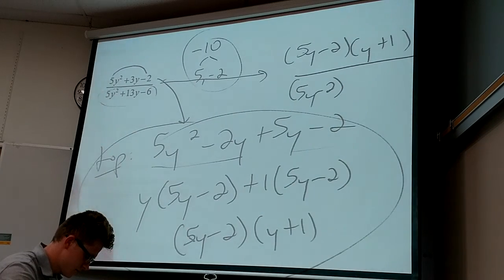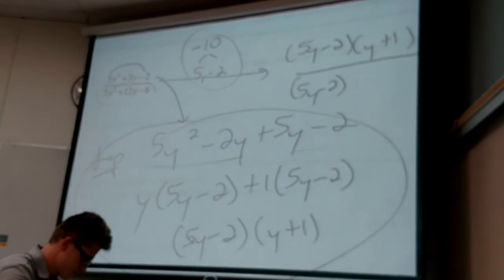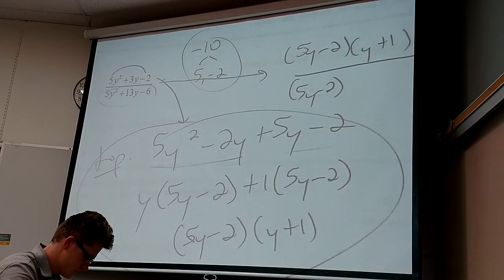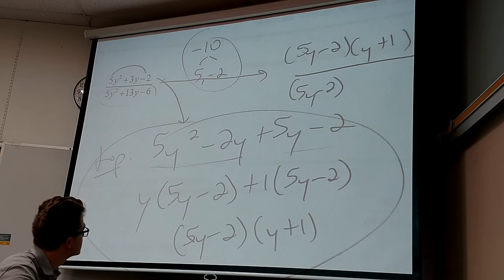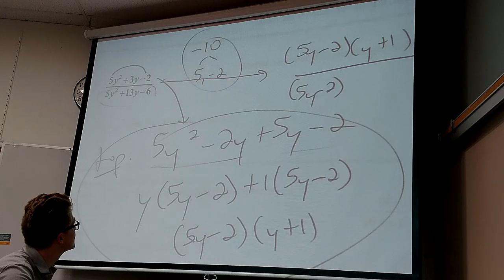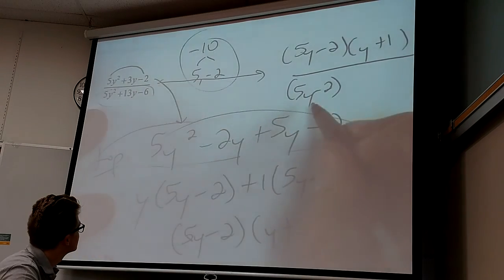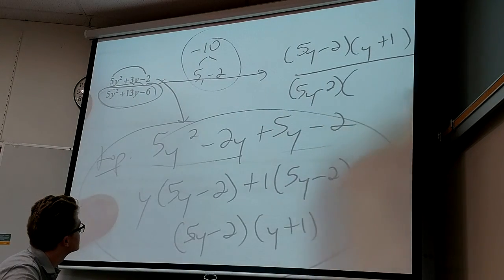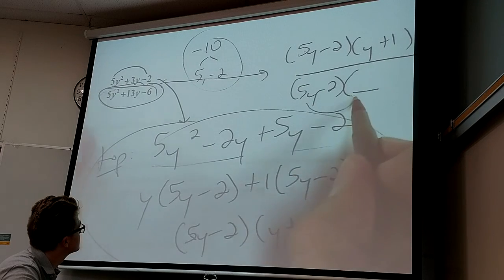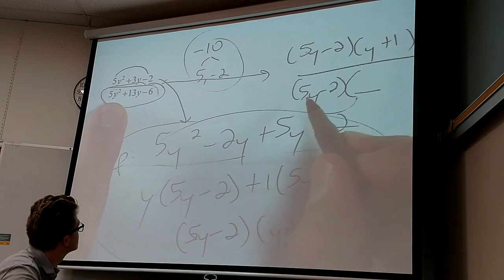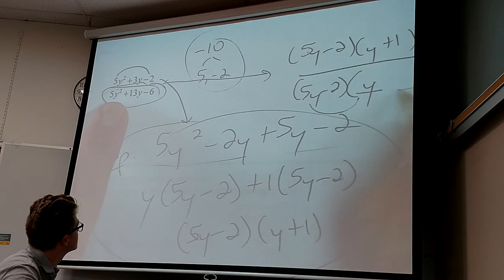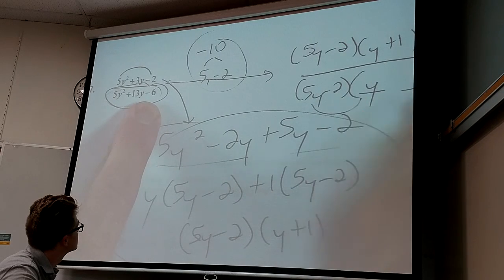Now watch. If you don't like what I'm about to do, just do what we just did to the bottom also. You'll still get there. But let me use that hint. If that is a piece of this, what must be here to make 5y squared? A y. And what must be here to make a negative 6?